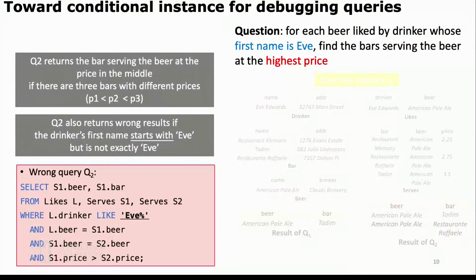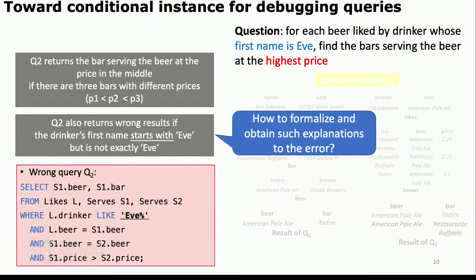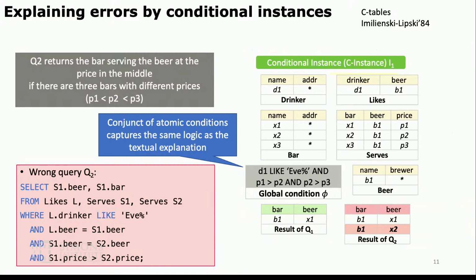Now, how do we get such an abstraction as a solution? This is what we proposed. It is inspired by C-tables, a slight modification of C-tables proposed by Imielinski and Lipski for incomplete databases. This is a conditional instance. Instead of actual values, what we have here are variables like x1, b1, and so on.